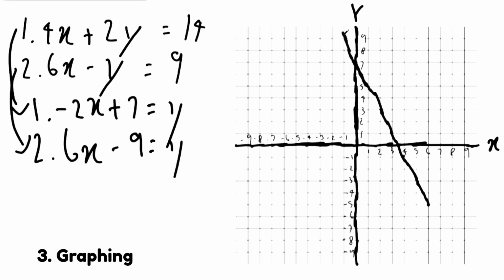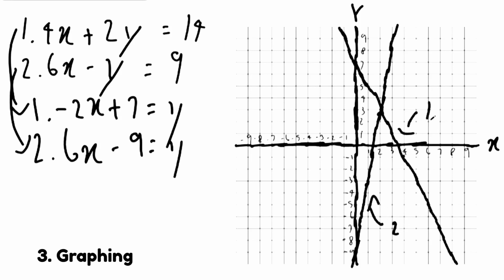Yeah, this line is a bit wonky. Now I'm going to graph the second equation. So this line here represents the second equation, and this line here represents the first equation.